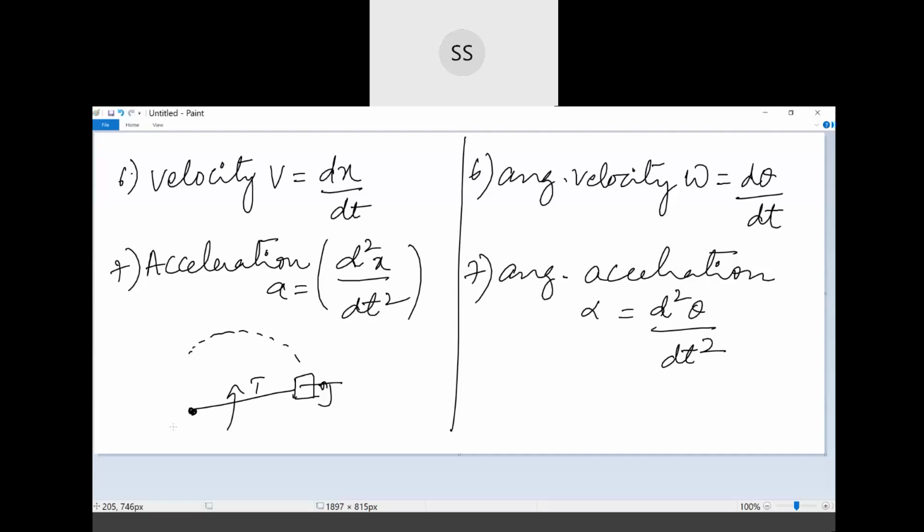Whatever the displacement we have from this position to this position is called the angular displacement theta. Whereas in translational systems, if you have the mass m and apply the force here, it gets displaced linearly, and this displacement we represent by x. Here no angles are associated, but here angular motion is associated with the mass.